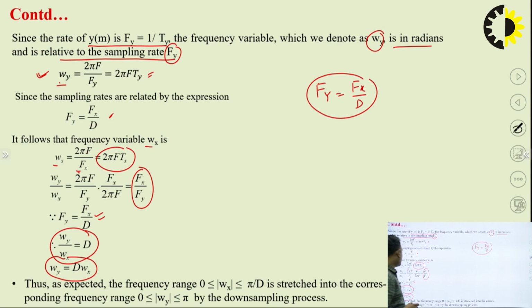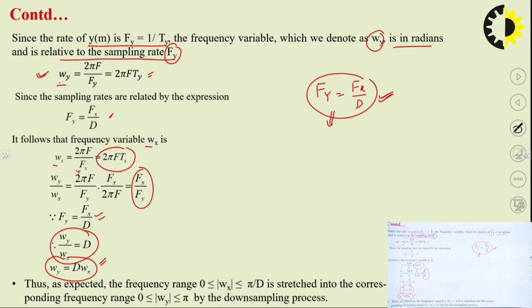Okay, so don't get confused. Actually we are talking about the sampling rate in decimation, so we are interested in this factor. And here we are representing it in terms of radians. But you can say wy equals D times wx.